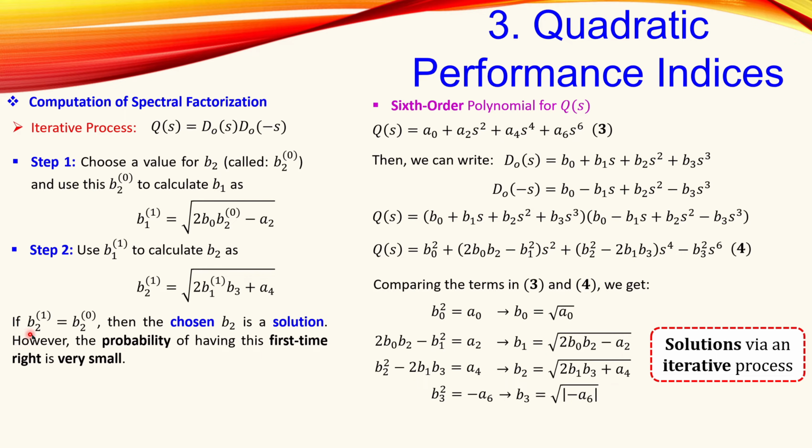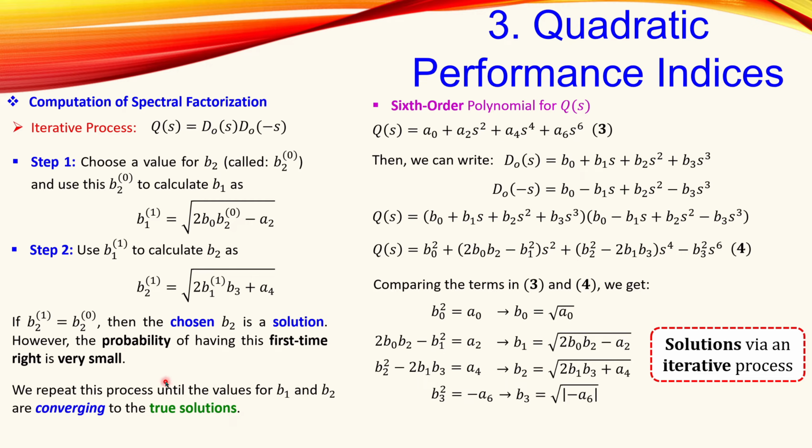Now, if B2 of this calculation is equal to your initial choice, then the chosen B2 is a solution. But this is not really likely, so the probability of having this first time right is very, very small. But you could have a nice guess, and if that is the case, then your B2 that you have chosen in the initial case is really a solution.